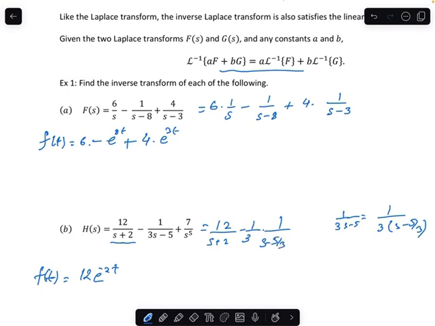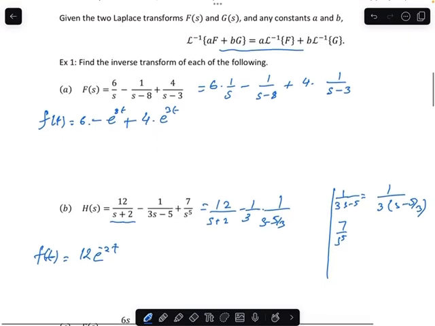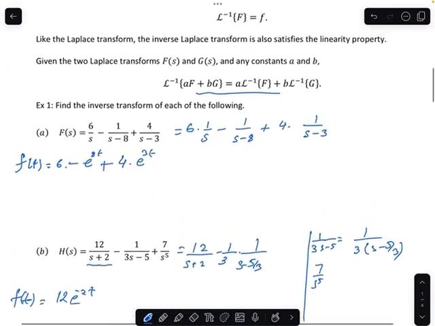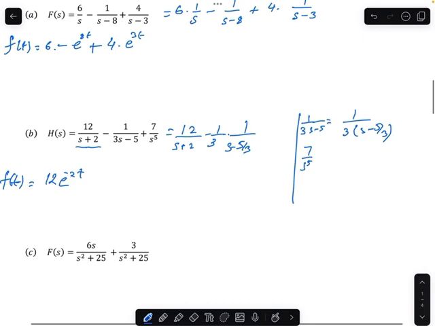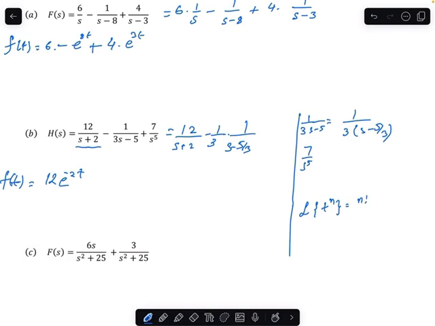Now the last term, 7 over s to the 5. For that, you have to recall that the function t to the n, the Laplace transform of t to the n was n factorial divided by s to the n plus 1.